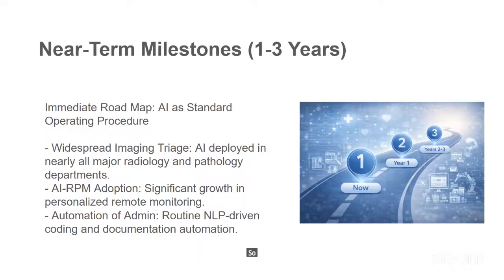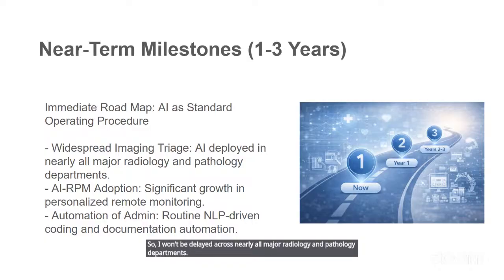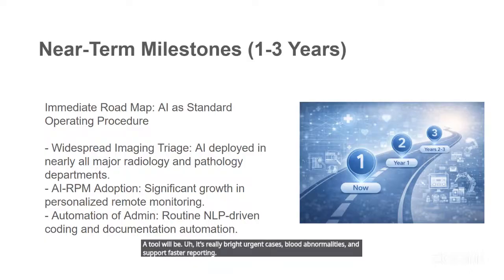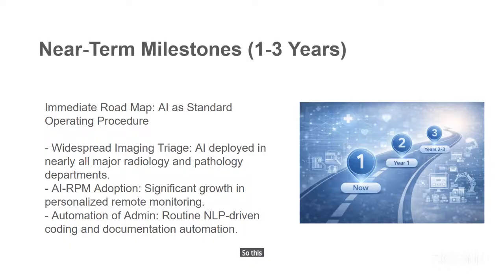AI will be deployed across nearly all major radiology and pathology departments. Its role will be to prioritize urgent cases, flag abnormalities, and support faster reporting. So this means critical cases are reviewed first, reducing delays in diagnosis.